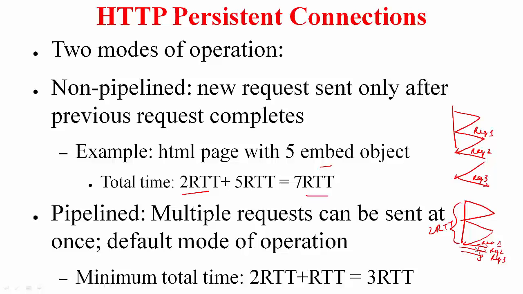And if you can manage to send all of these, because these requests are very small, you can potentially send all of them in the same TCP segment. And then from the other end, you may also get all the responses within the same TCP segment. Or even if they don't fit within one single TCP segment, if your window size is sufficiently large, you can potentially send them all back to back and you'll get responses accordingly.